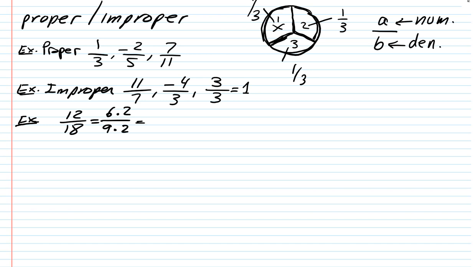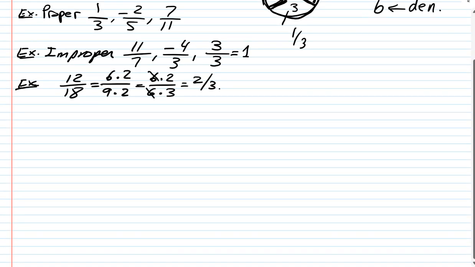Or you can say 6 times 2 divided by 6 times 3. Of course, we're looking for common factors here, right? So in this case, the choice of 6 times 2 divided by 6 times 3 would be a better choice. We can cross out the common factors, and the fraction in reduced terms would be simply 2/3. So that's what we call again a fraction in lowest terms.